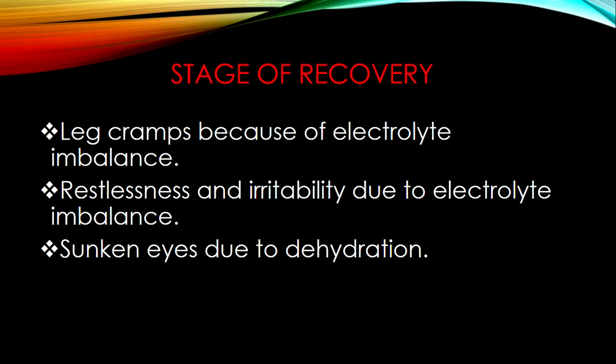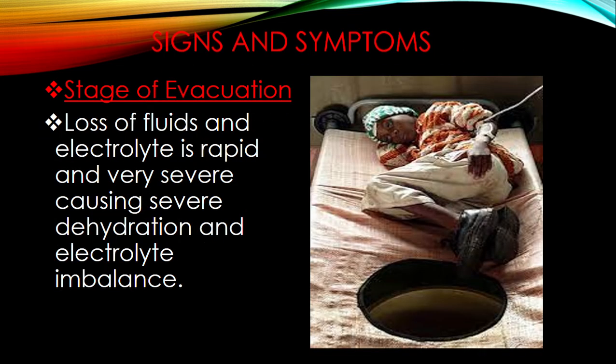So now let's just look at this picture so that we just analyze the signs and symptoms. So as you can see, this person has got sunken eyes, they are looking weak, and this is how the patient with cholera will likely look like. And when it comes to management, this is a type of bed that this patient needs to be nursed on because of the profuse diarrhea, which is watery.